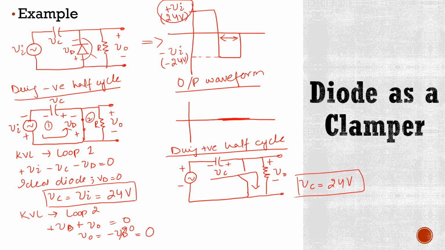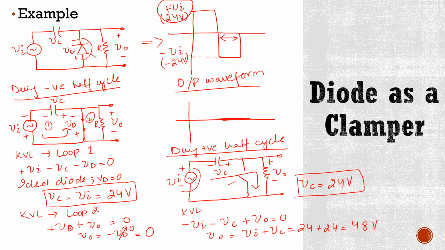Now if we apply KVL in this loop, starting from this point, our equation is minus VI minus VC plus V0 is equal to 0. It means V0 is equal to VI plus VC, which is 24 plus 24, equal to 48 volts.